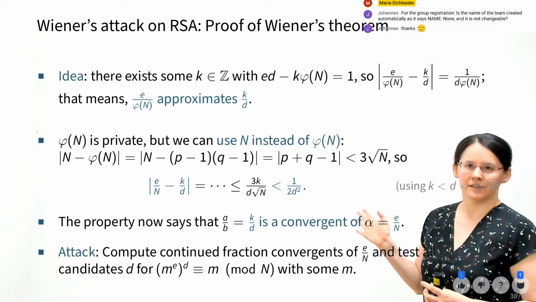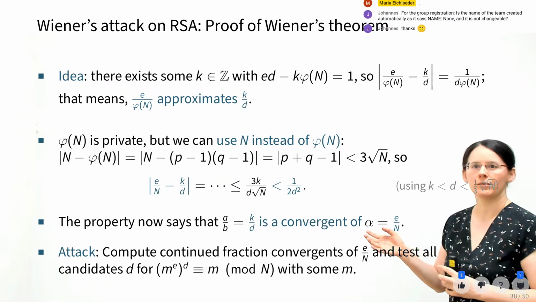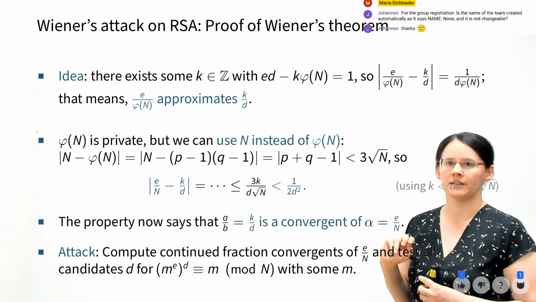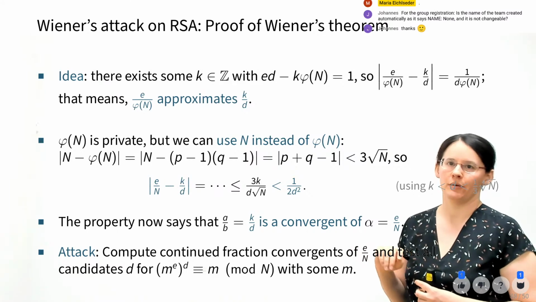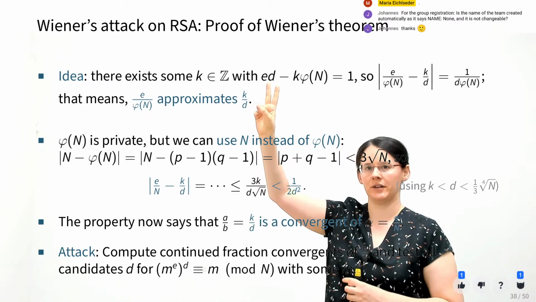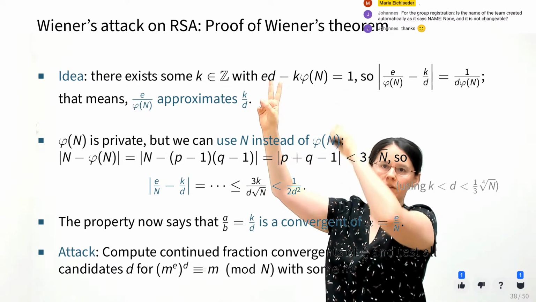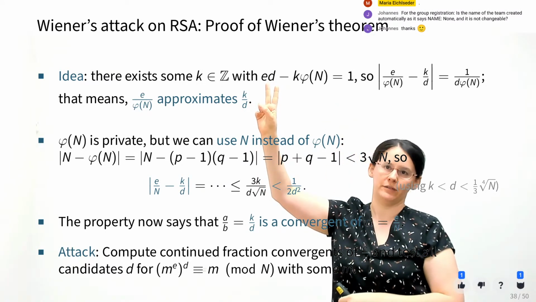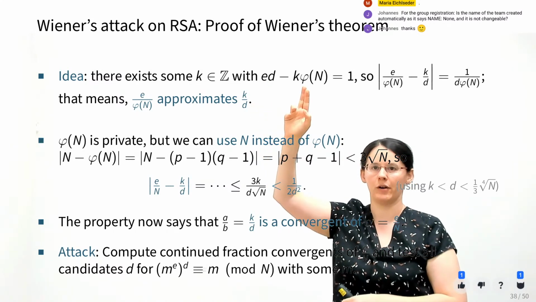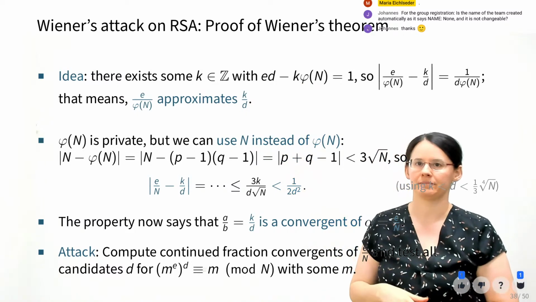So the first important thing to recall is what was again the relation between the public and the private exponent. The two were inverse to each other, which means that the public times the private exponent equaled 1 modulo phi of n, which means this product minus some multiple of phi of n equals 1.